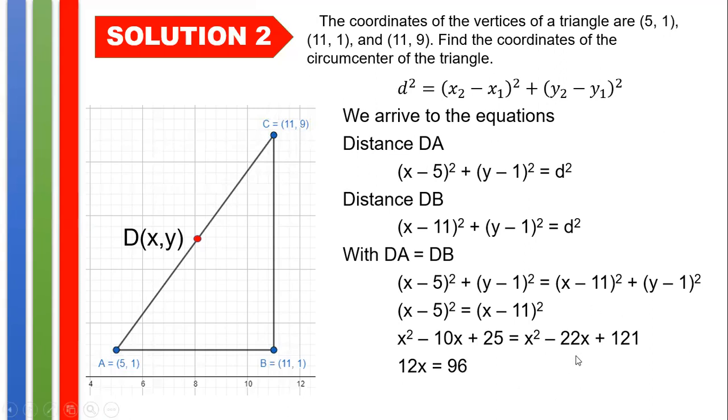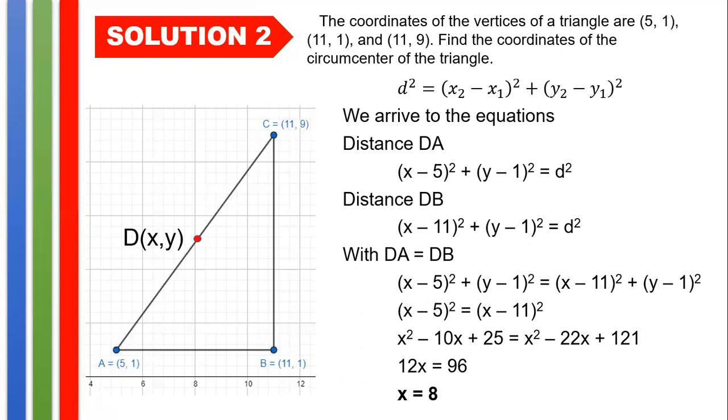Also, I added 22x to both sides, so negative 10x plus 22x becomes 12x. I also subtracted 25 from both sides, and 121 minus 25 is 96. So if 12x equals 96, then dividing both sides by 12, x is equal to 8, which is now the abscissa of our circumcenter.